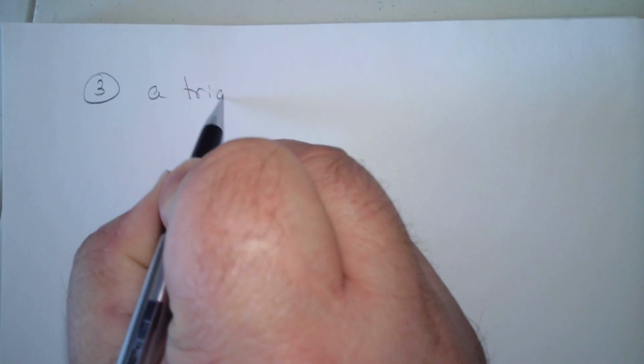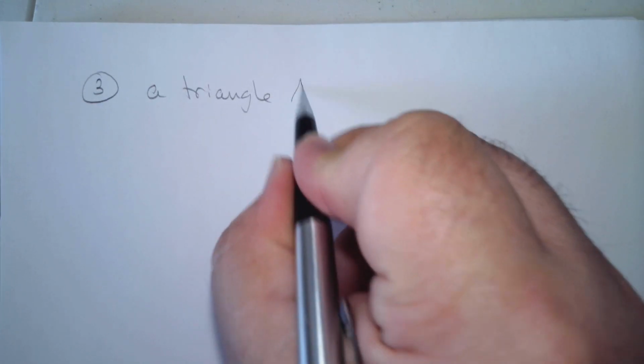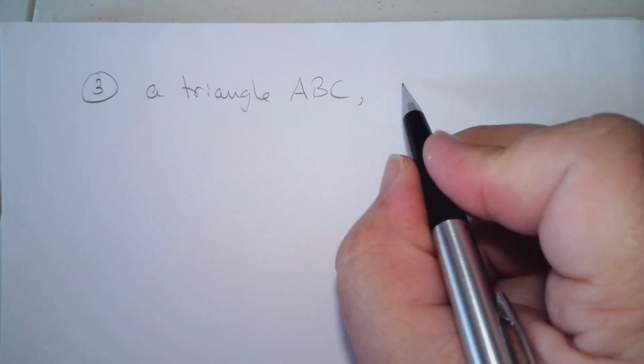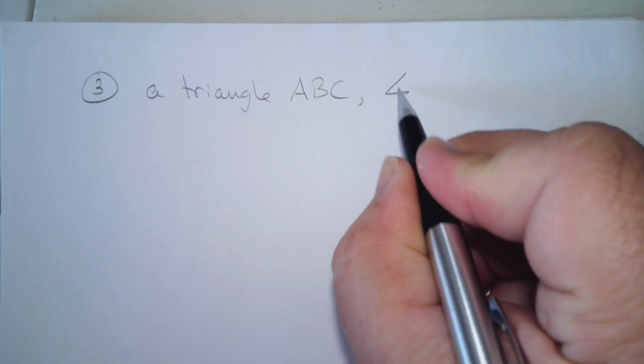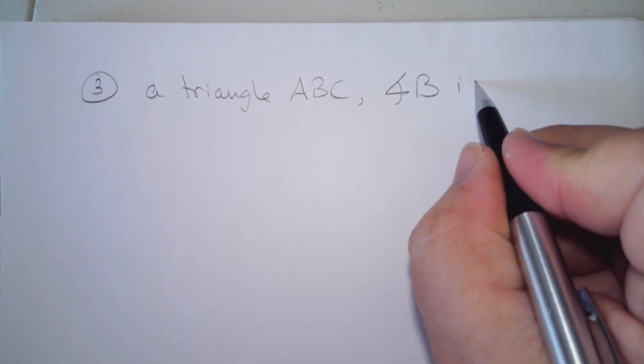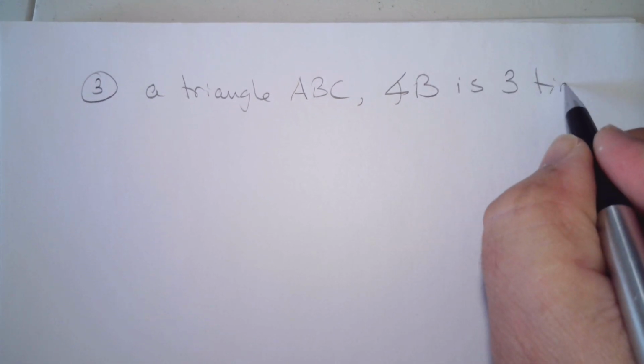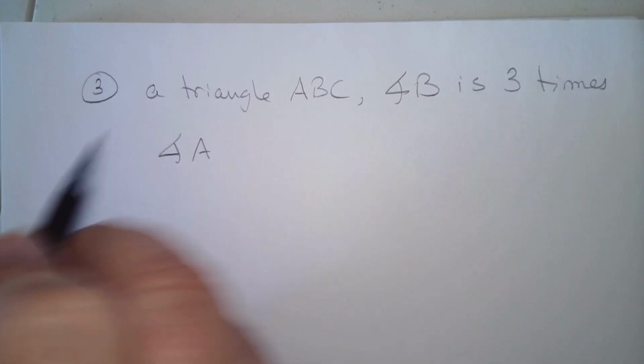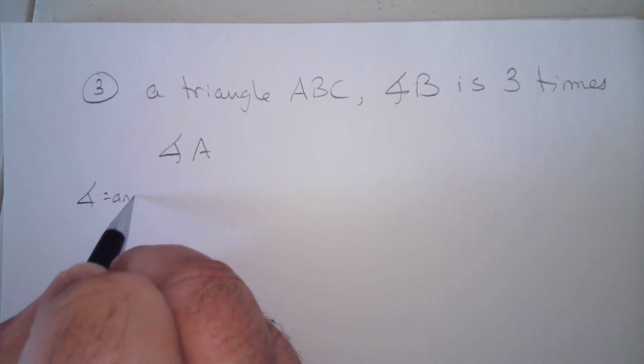All right. Question number 3. It's a word problem. A triangle ABC where angle B is 3 times angle A. That little symbol means angle.